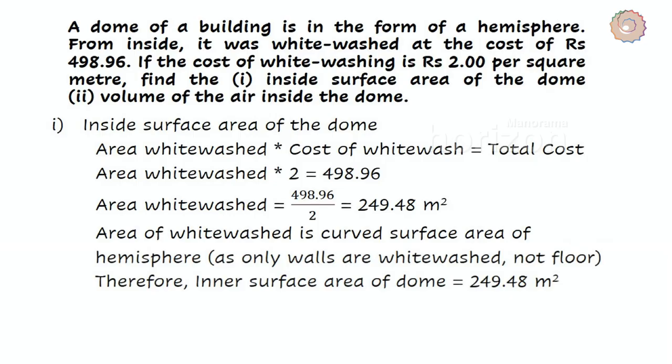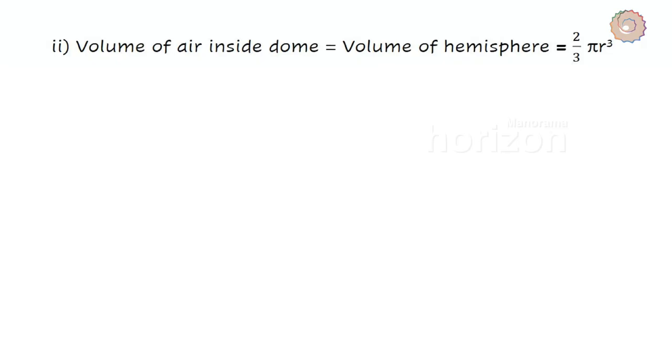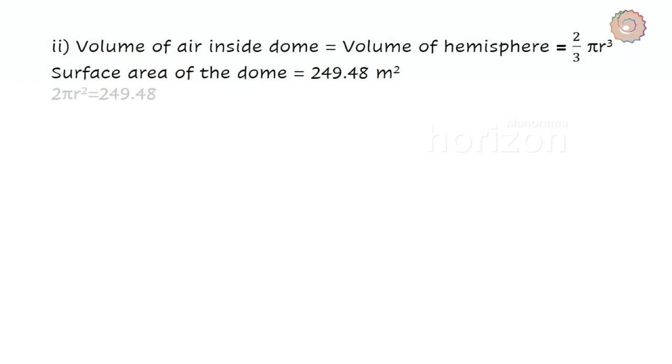249.48 meters square. The second subpart, volume of air inside dome is equal to volume of hemisphere, that is 2 by 3 pi r cube. Therefore, the surface area of the dome from the question is 249.48 meters square. That is 2 pi r square is equal to 249.48.